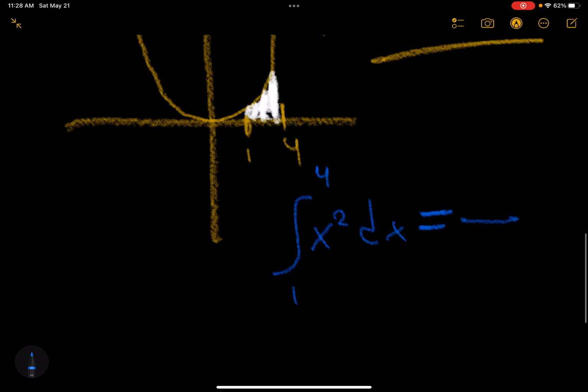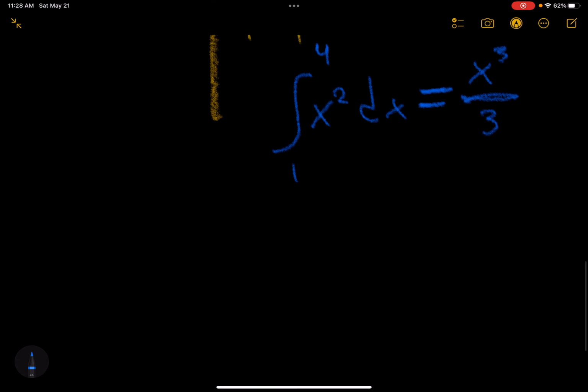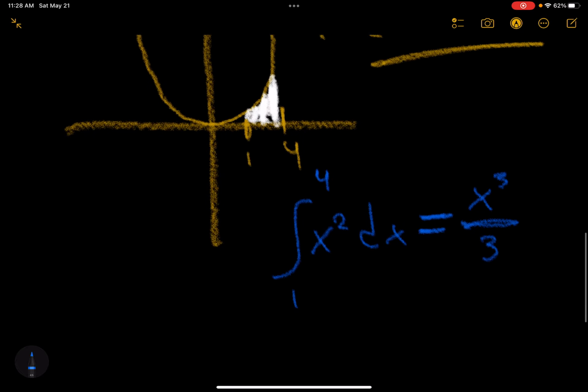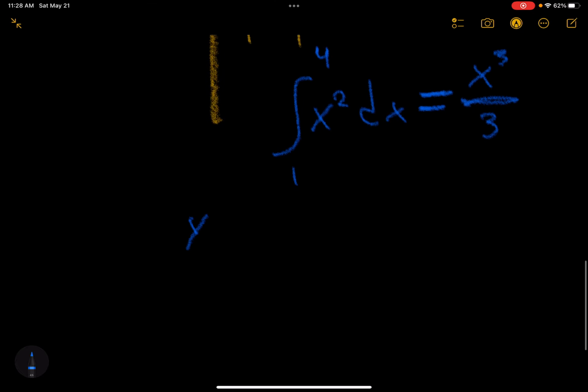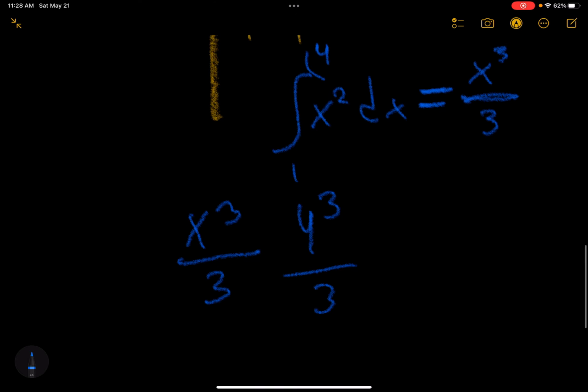So this will put x here, and since you have x squared, if we add one x, we'll get x to the third power, and then we divide that by the power. So we just divide it by 3, right? So we have this over 3. So then we can simply put 3 over 3. This is our first one, right here.